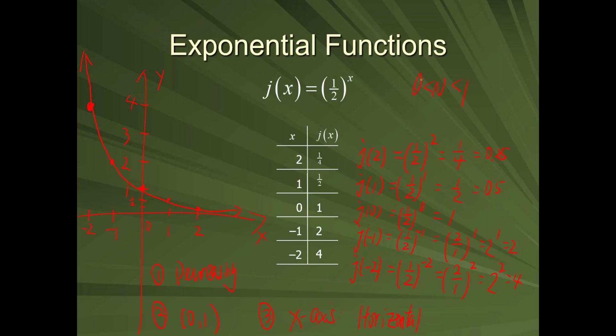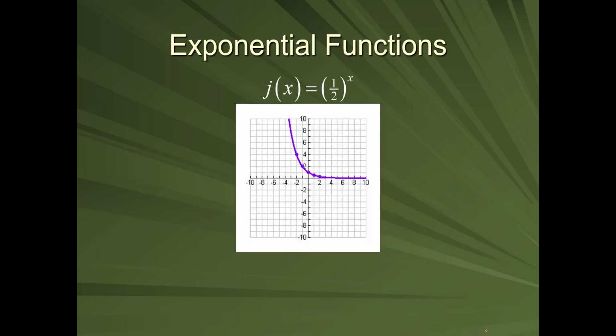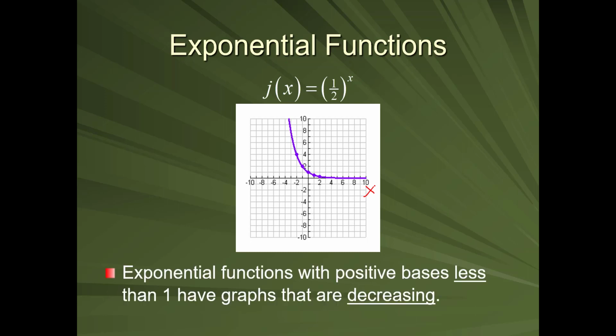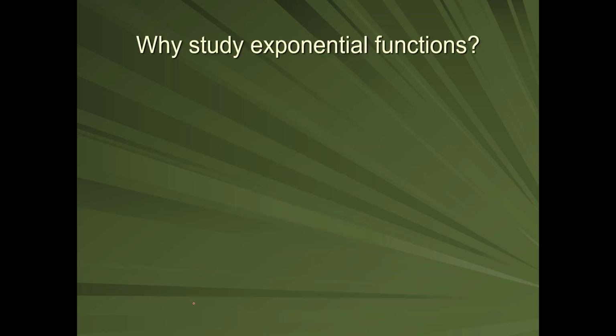So between 0 and 1, the graph is a decreasing graph. Okay. So quite different, right? So decreasing from left to right, passing through 0, 1 as the y-intercept, and also the x-axis is the horizontal asymptote. When the base is less than 1, then the graph is decreasing.